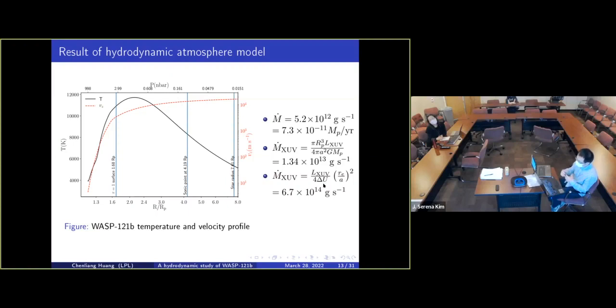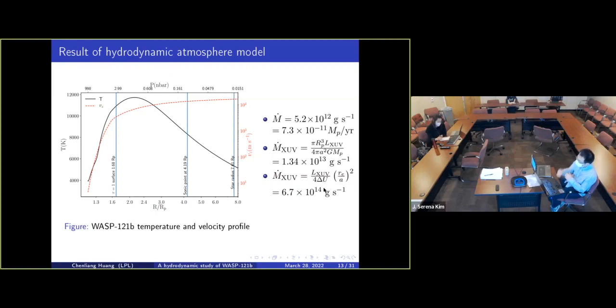However, I think there is a more physical expression, because the heating by the Lyman continuum photons is typically not at the surface of the planet, it's much higher up. So we have an equivalent, most effective heating radius by the Lyman continuum, that's this R_E.